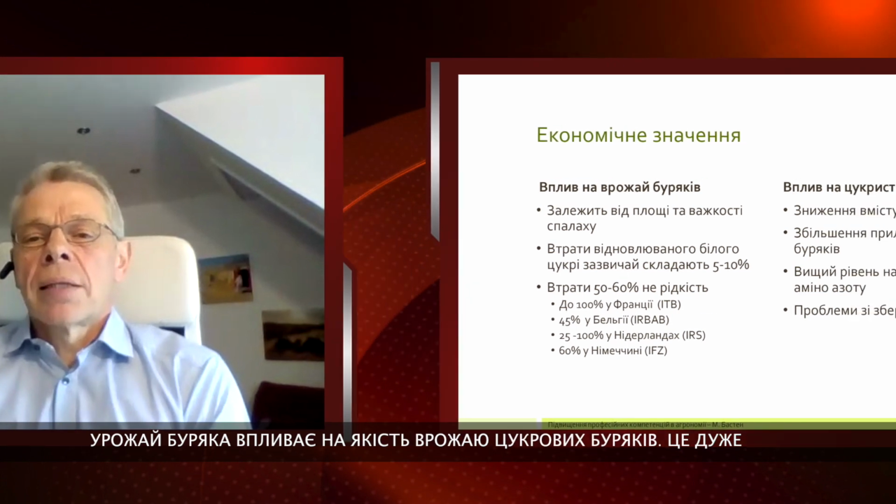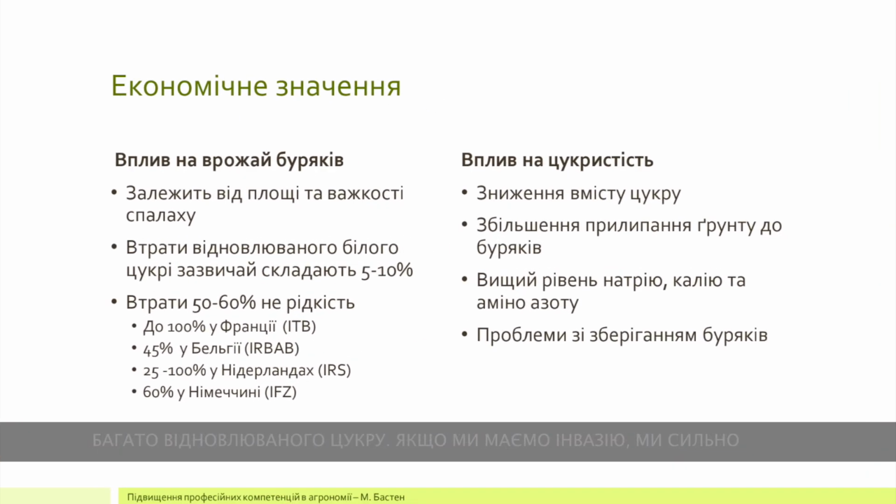Of course, beet yield is one thing, but the disease also has an impact on harvest quality, and in sugar beet that is very much the recoverable sugar. If we have an infestation, we have a severe reduction in sugar content.